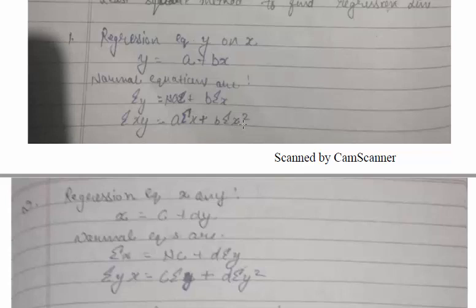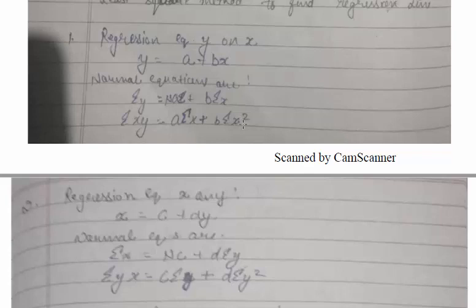From the given data, we can put the values of n, summation x, summation y, summation xy, summation x square. After substituting all these values, from these two equations, we find the values of a and b.